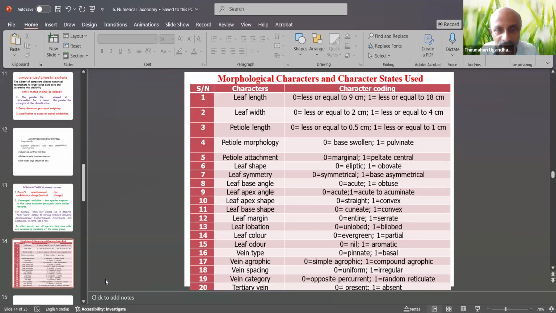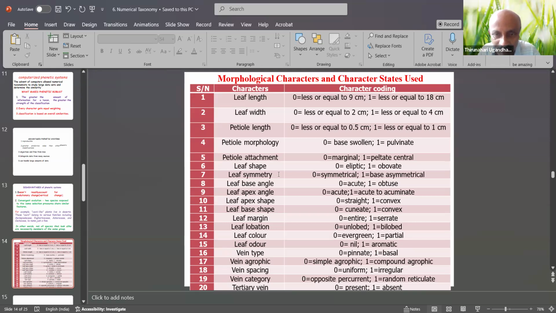And also petiole length. Petiole length: 0 is less than or equal to 0.5 centimeter, then 1 is less than or equal to 1 centimeter. Then also petiole morphology, 0 is base swollen, also called pulvinate.